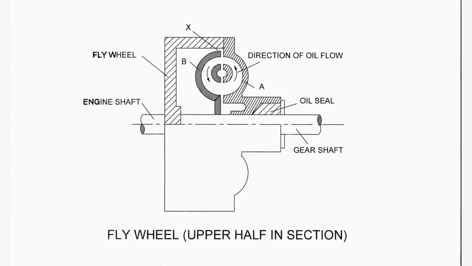It accumulates at point X and maintains a pressure that prevents further escape of fluid, and it will continue to flow in anti-clockwise direction from passage provided on right hand side rotor to passage provided on left hand side rotor. So this is how the actual fluid flywheel works.